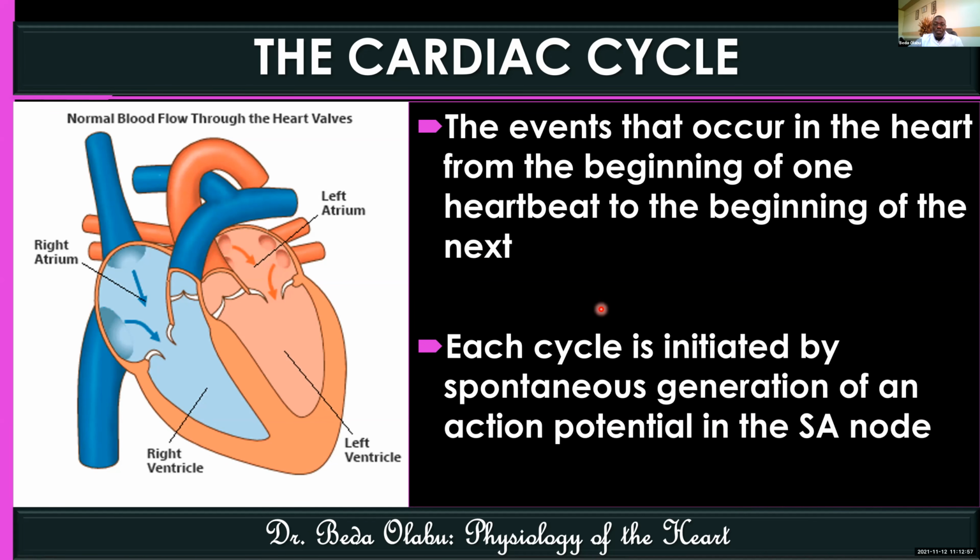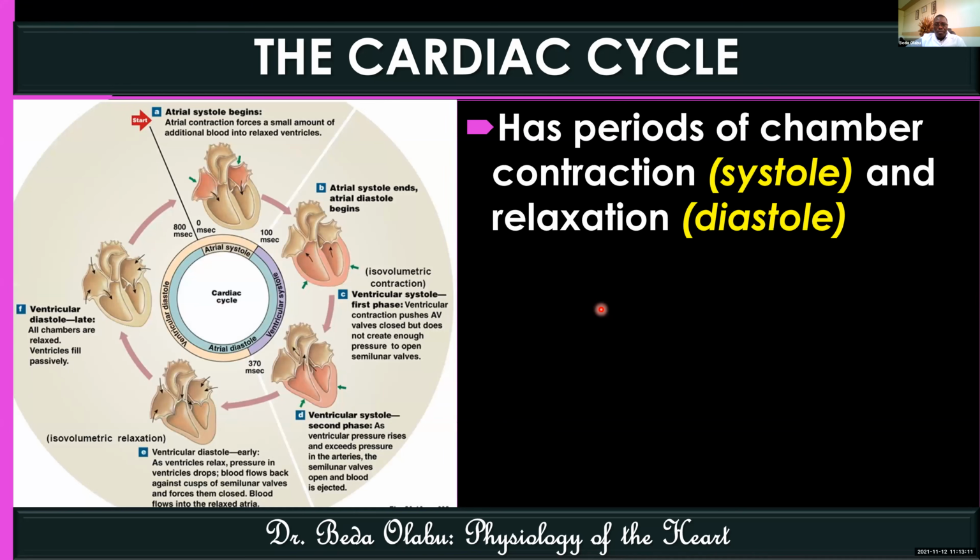Remember that the cycle will be initiated by the sinoatrial node having undergone depolarization, and so an electrical sequence moves from the sinoatrial node to the rest of the heart. Usually, there are some terminologies we use. Systole will mean contraction and diastole will mean relaxation.